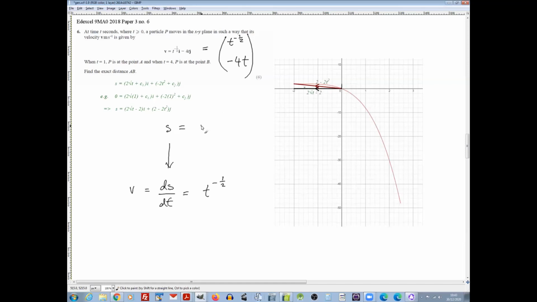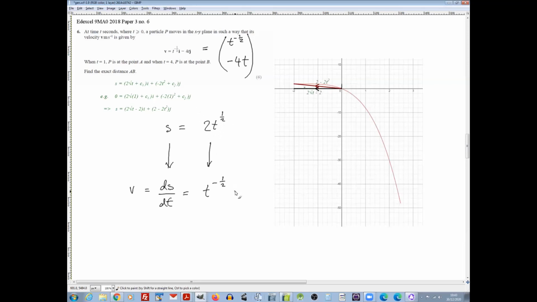What's going to differentiate with respect to t to give you t to the power of minus half? t to the half. No, sorry, 2t to the half. 2t to the half is correct, yes.